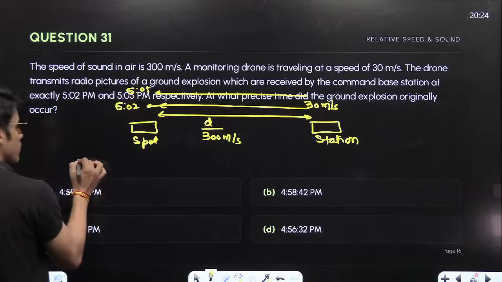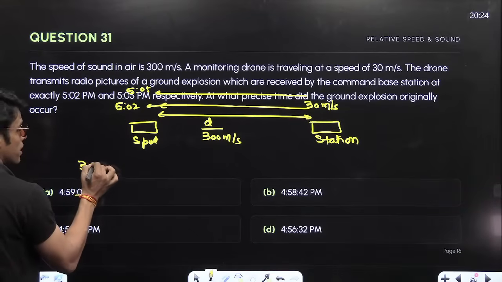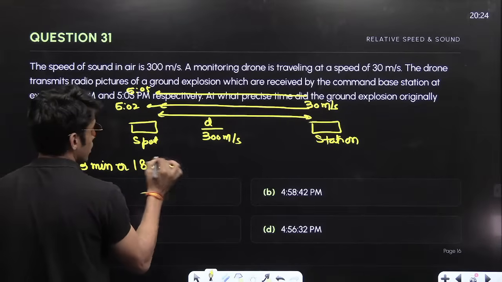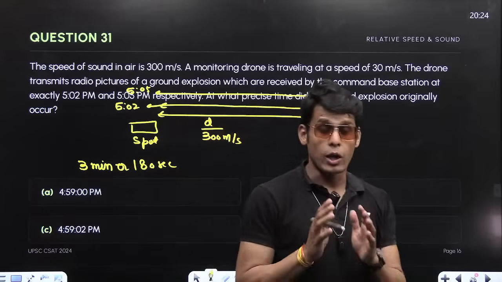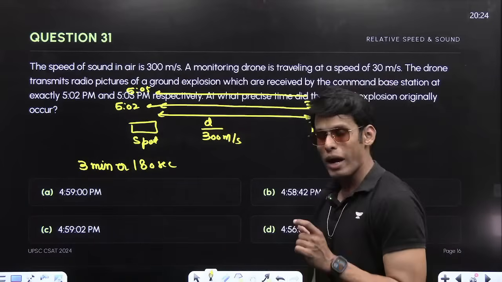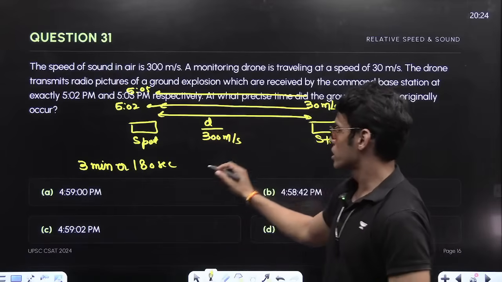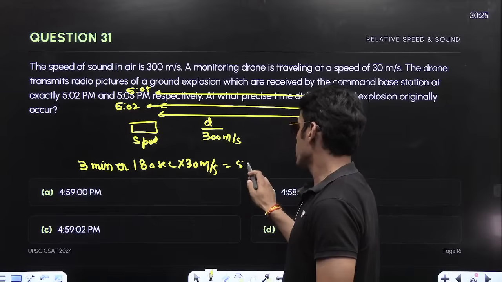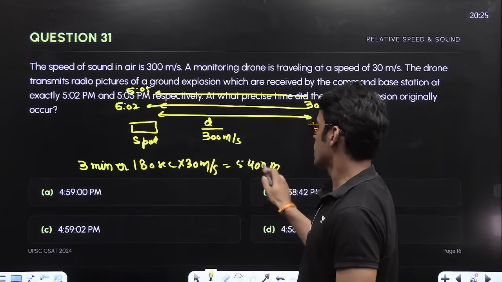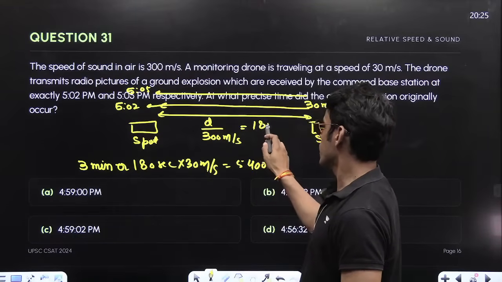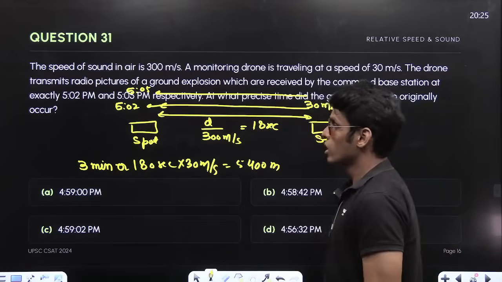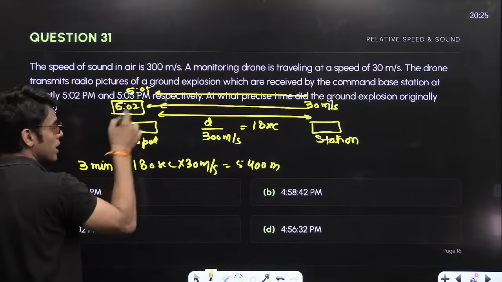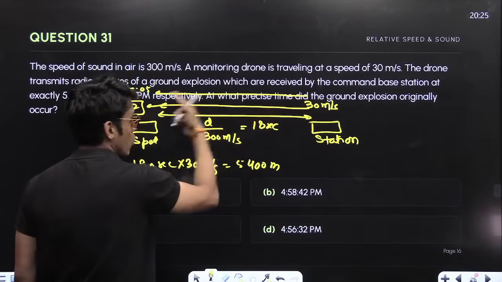This means that 3 minutes or 180 seconds is the total amount of time required by the drone to travel this distance at the speed of 30 meters per second. This gives me 5,400 meters and this gives me 18 seconds for sound to travel. Now just imagine, this drone would have taken 3 minutes to travel from here to here, as this drone also took this much time.